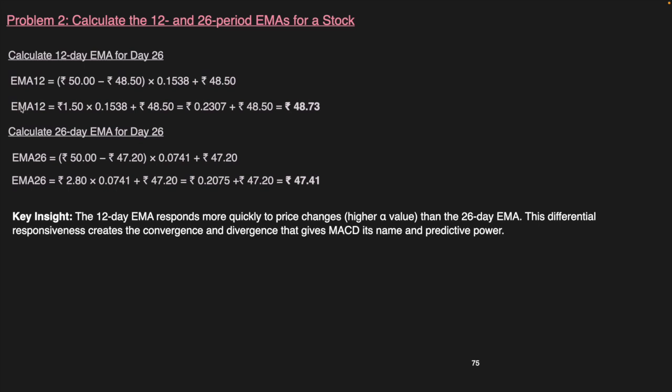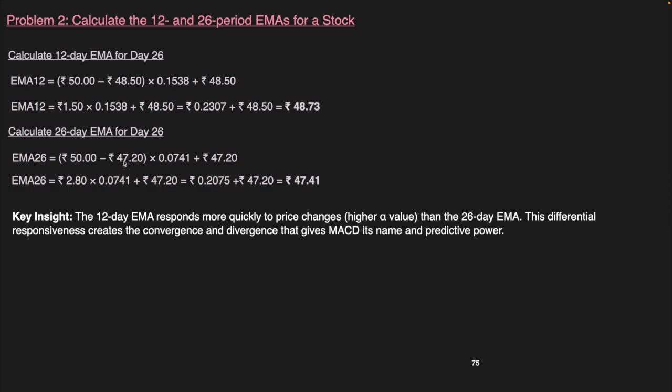48.73. This is the exponential moving average value for the day on which the price has closed. So for the price closure of 50 rupees, the 12-period exponential moving average value is 48.73. Similarly, when we calculate the 26-day EMA for day 26, it is the same thing.